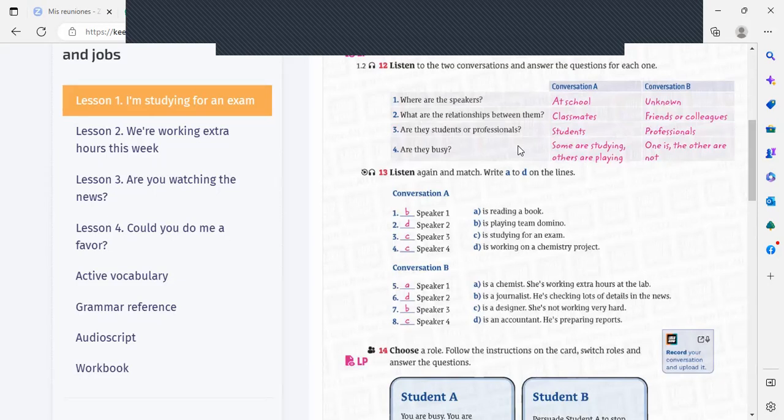What is the difference? In the first one at school, they are considered students, and in the second in an office, they are considered professionals. And talking about being busy, were they busy in the audio?